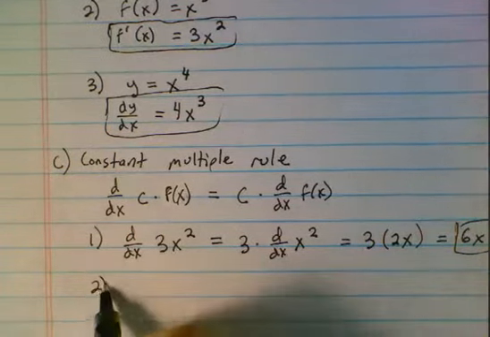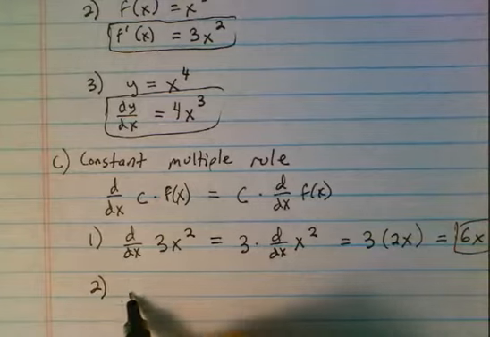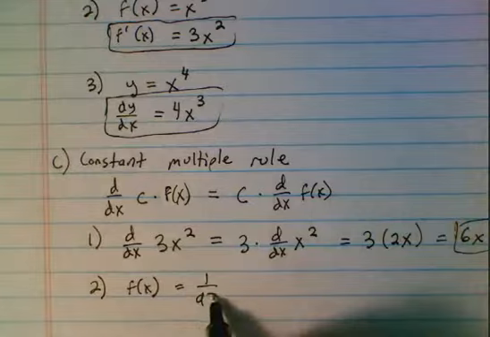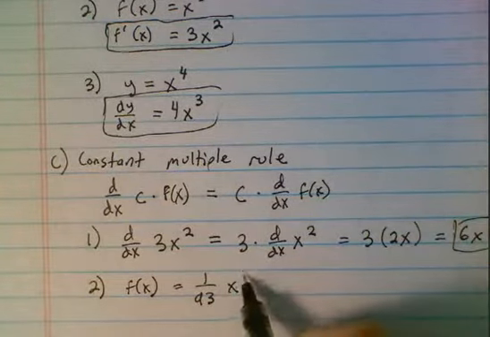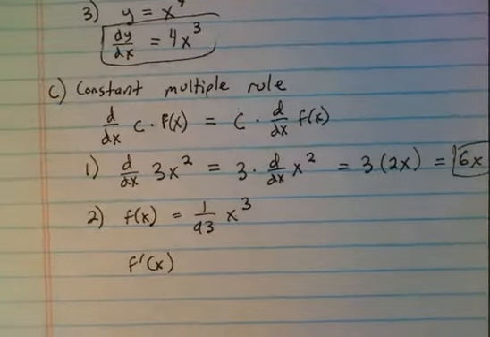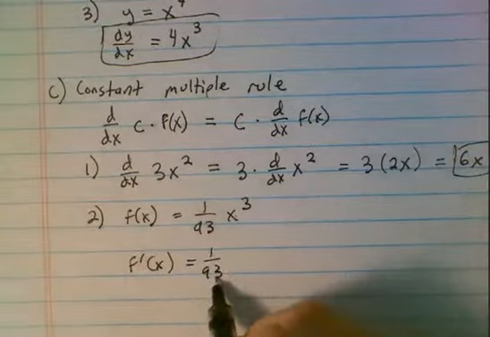So to give another example, let's say that f of x is 1 over 93 x to the third, and we want to find the derivative of f of x. This 1 over 93 is just along for the ride.